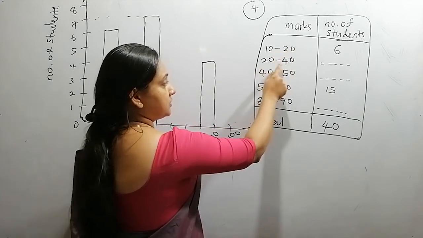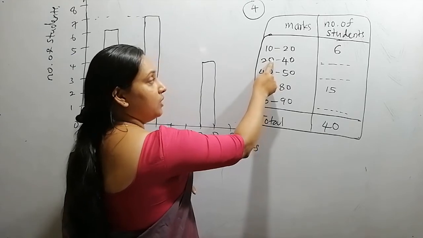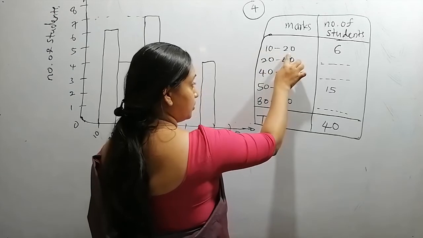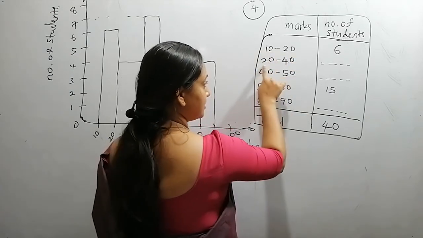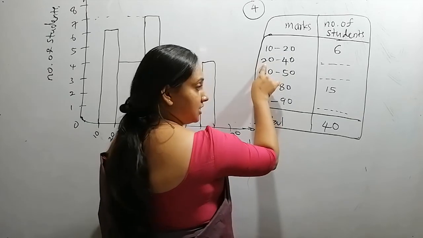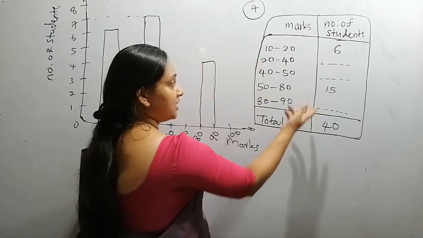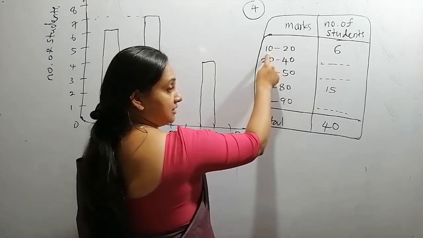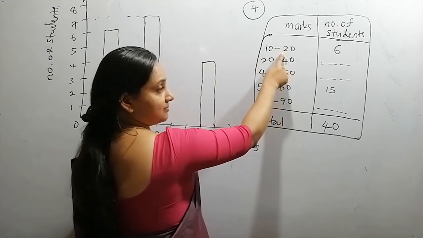In the next group, marks are greater than 20 and less than or equal to 40. In this group 20 is not included, 40 is included.